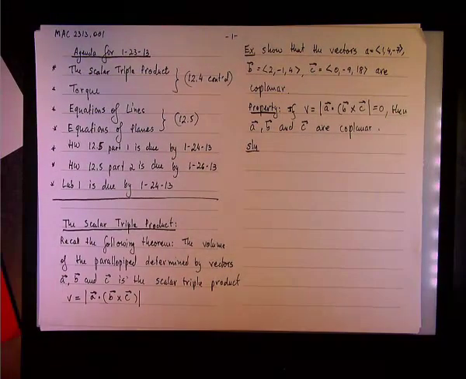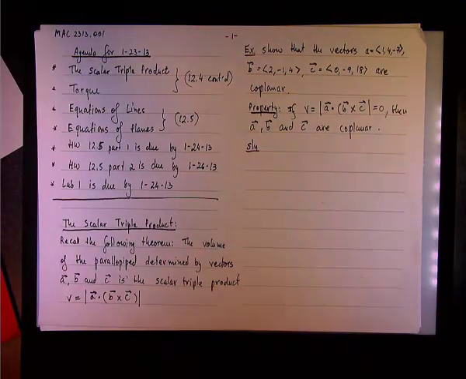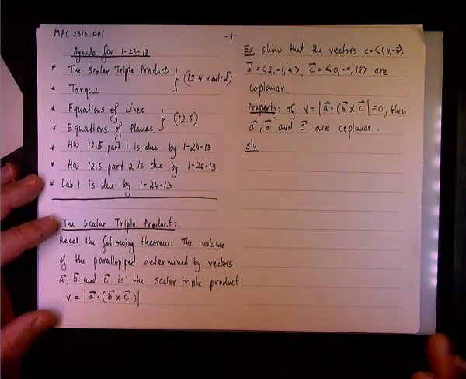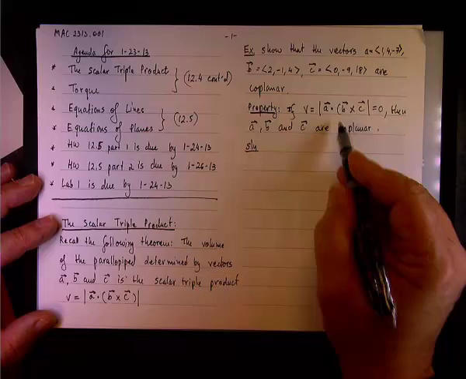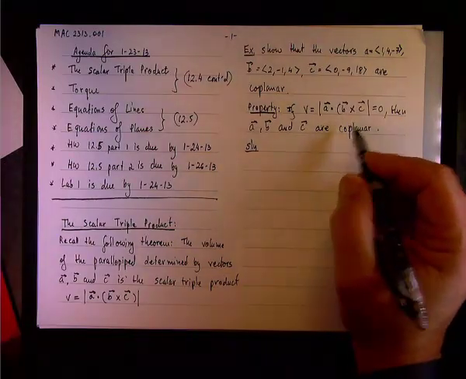So all we need to do to show that the three given vectors are coplanar is to attempt to calculate the volume, and if the volume amounts to 0, then we are good.